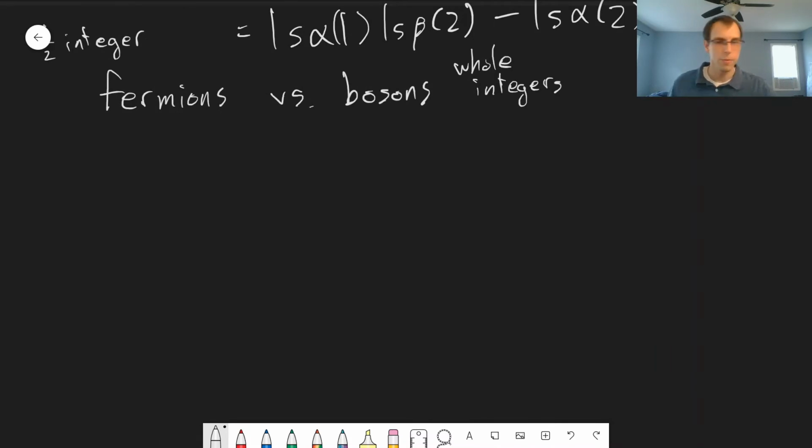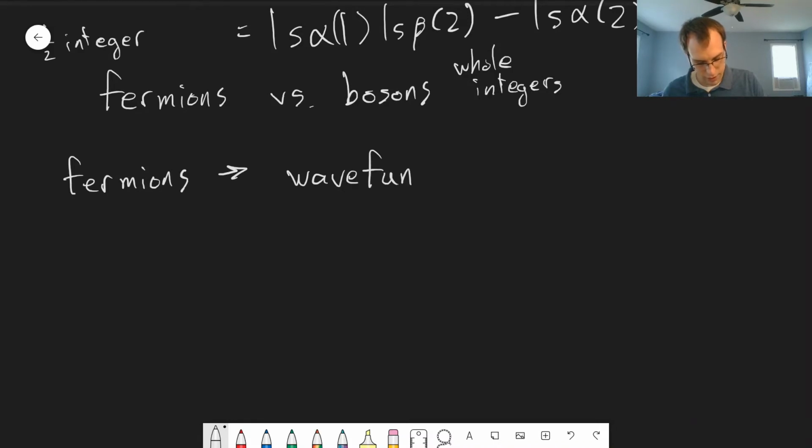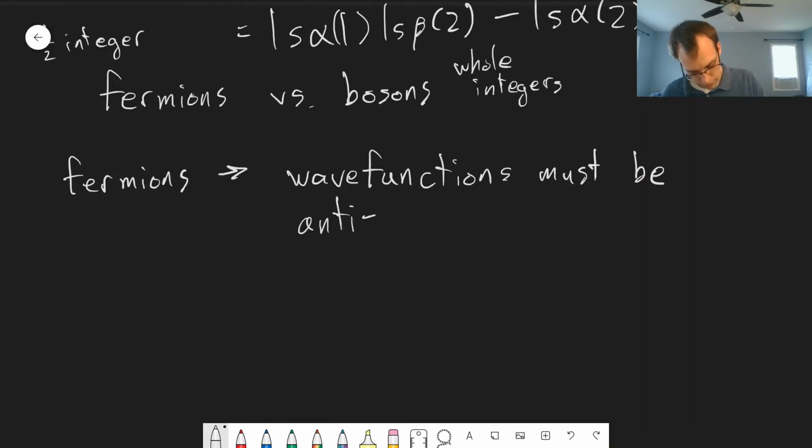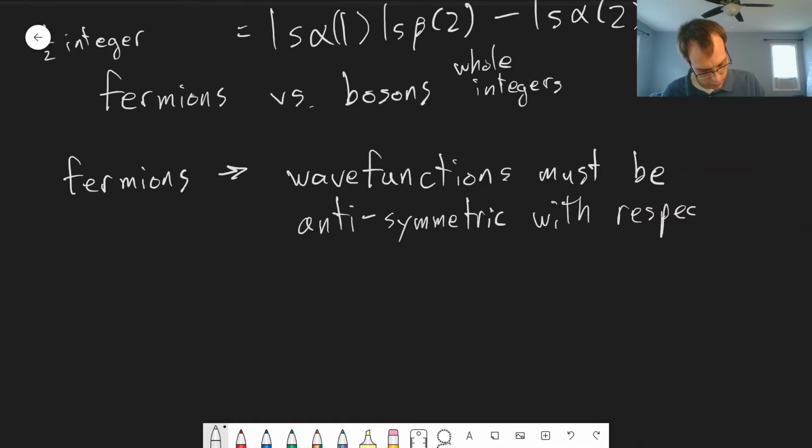All right, so fermions, their wave functions that describe these particles, they must be antisymmetric with respect to exchange of particles.